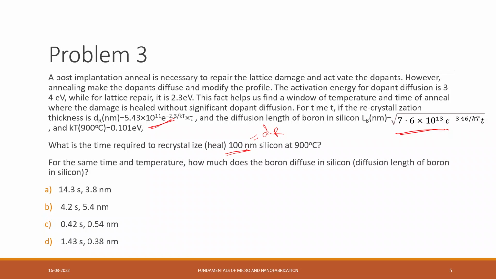So here, as I said, this recrystallization thickness is the length we need to heal. Here that length is given as 100 nanometer, so we will take 100 nanometer. Good, so 100 nanometer is equal to this 5.43 times 10 to the power 11 e to the power 2.3.